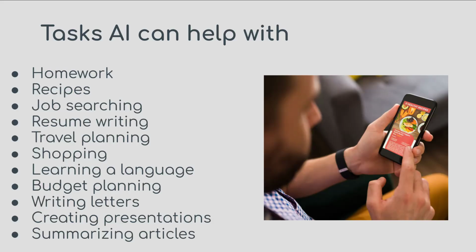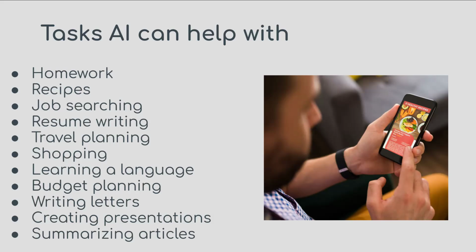Same with resume writing. You could ask AI to write you a resume, or you can ask it to write you a specific type of resume, a resume for a teaching position, a resume if you are in customer service, a resume for an entry-level data job. So the more detail that you give AI, the better output you'll receive. Other tasks might be travel planning.